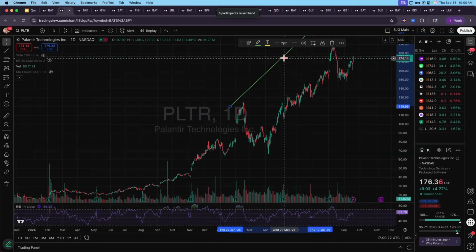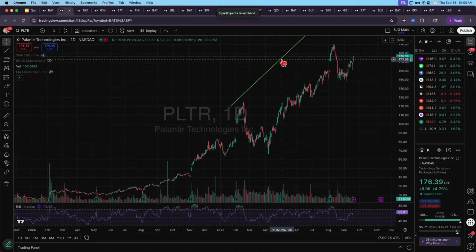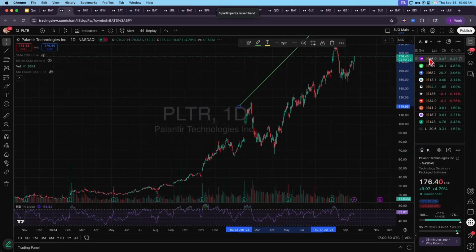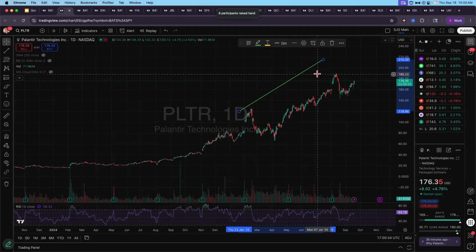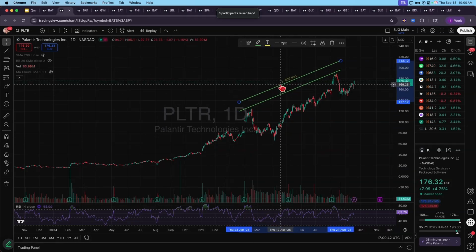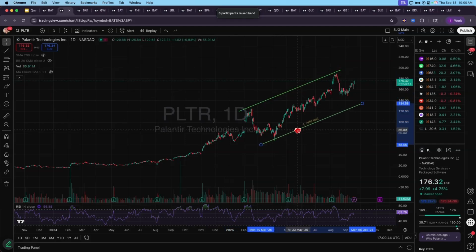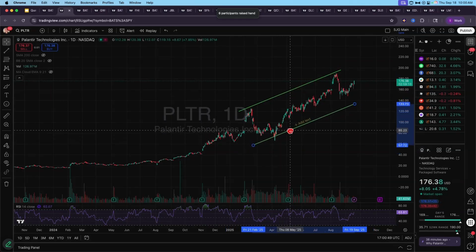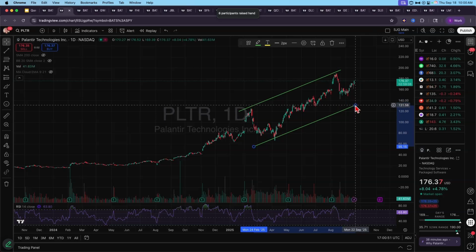I'm not using it here, and I don't normally come in and draw all these, so I'm a little rusty at that part. But basically, I'm looking at a channel that kind of is like this. And then I can make a parallel to that one and see what the bottom half of that thing looks like. So it is forming a bit of what I would call a wedge pattern to the upside.